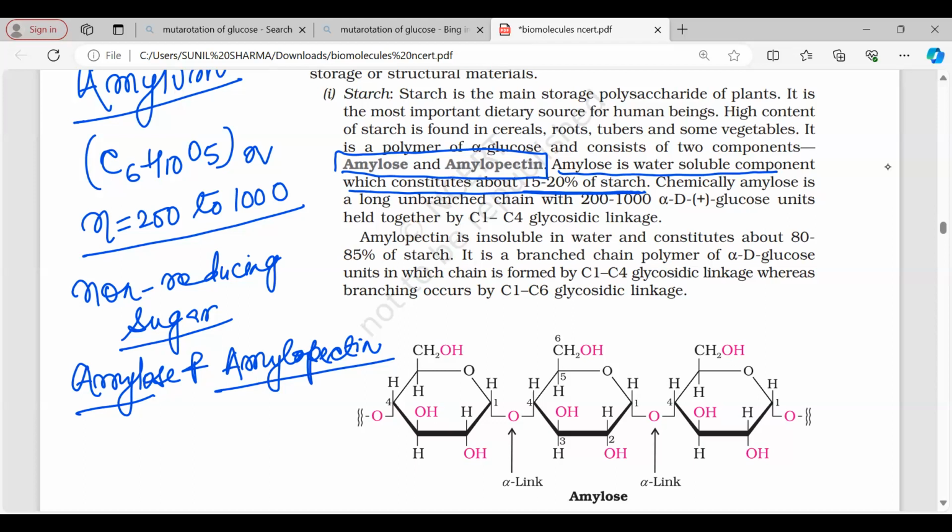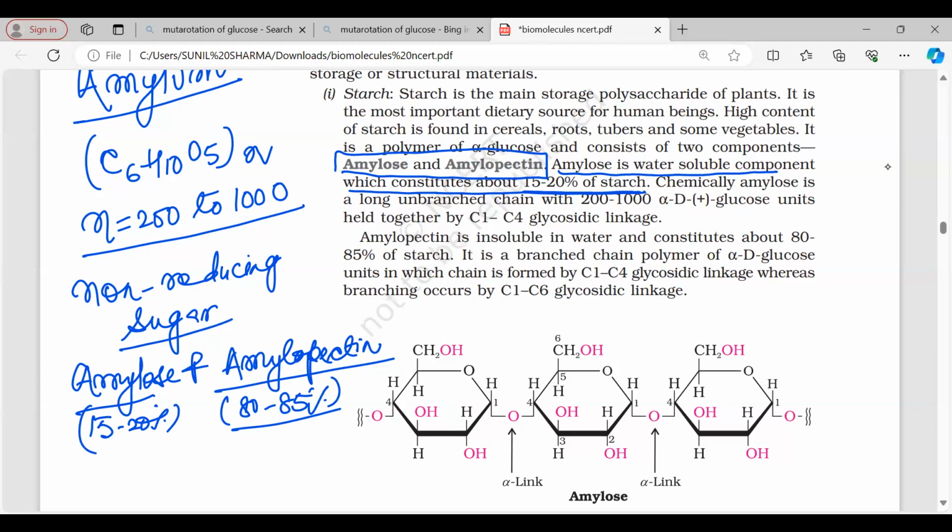So this is 15 to 20%, water soluble. This is 80 to 85%, water insoluble. Understood? Yes, sir.